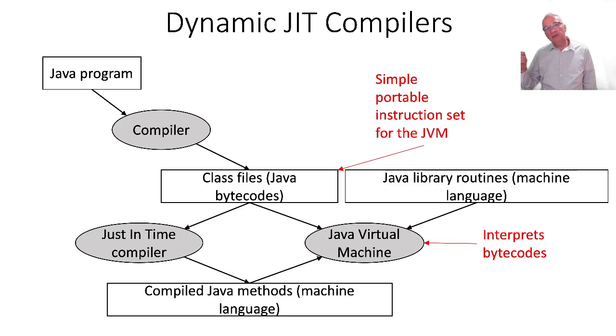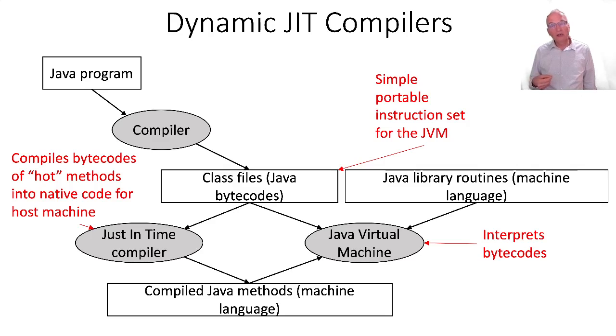If some of the functions or some of the methods in that Java program turn out to be executed very often, we'll call those hot methods. And what we're going to do is to ask the compiler to compile those methods as the program is running.